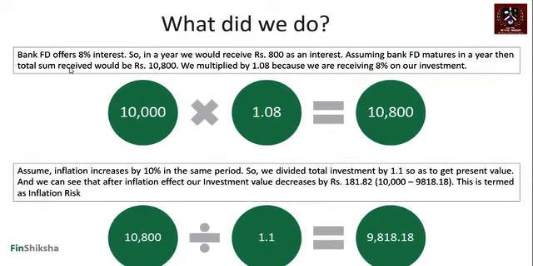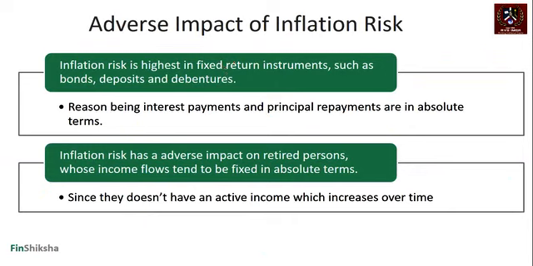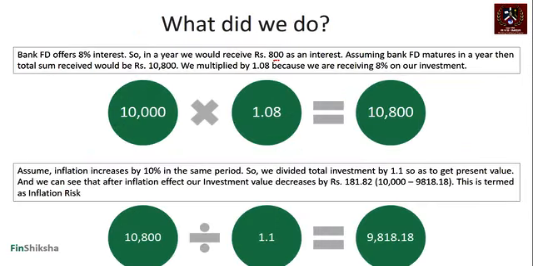What did we do? Bank FD offers 8% interest. So in a year, we would receive rupees 800 as interest. Assuming the total amount was 10,000, you will receive 10,800, multiplied by 1.08 because you're receiving 8% on the money. Inflation increases by 10%, which means the total investment is divided by 1.1.